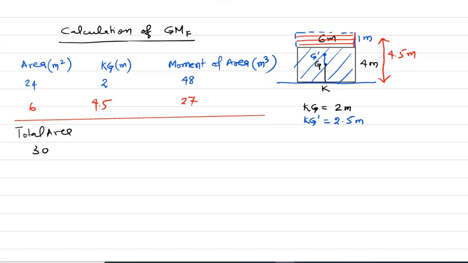And total moment of area is how much? 48 plus 27, that is 75. So what is the final KG? It is 75 divided by 30, total moment divided by total area. So how much value you get? Sir, it will be 2.5.